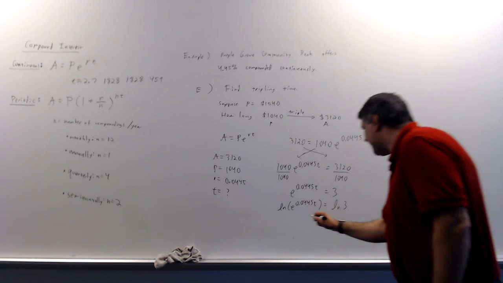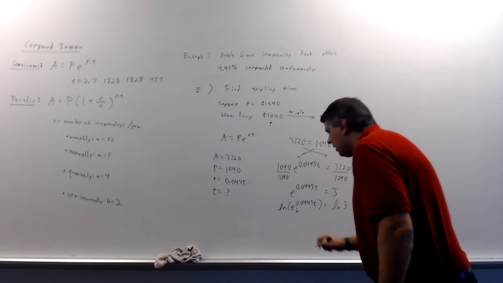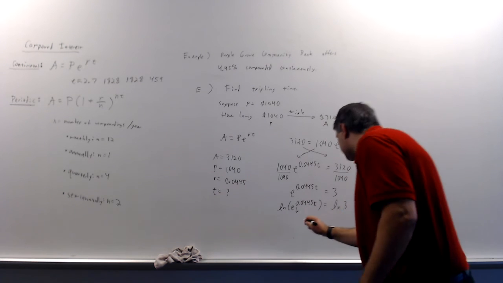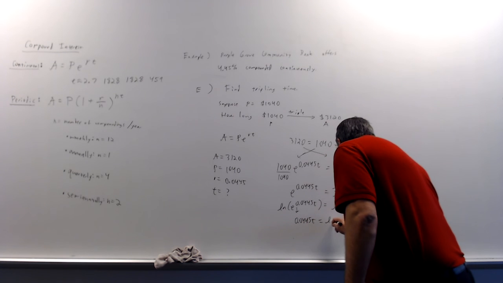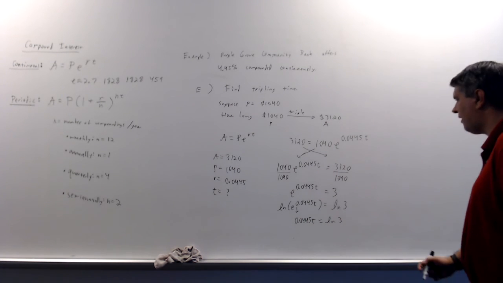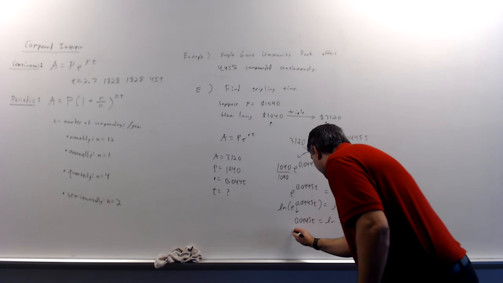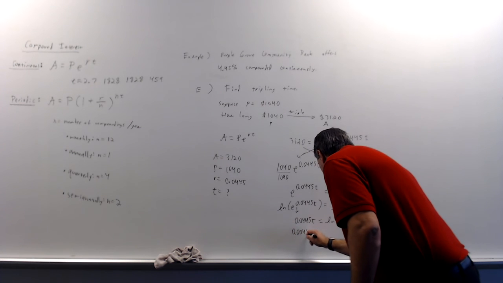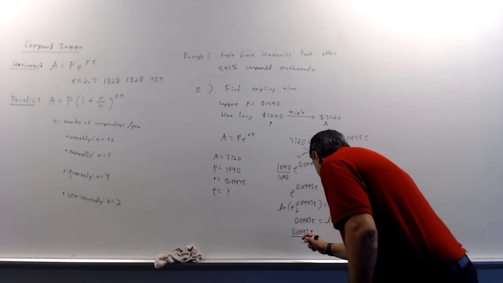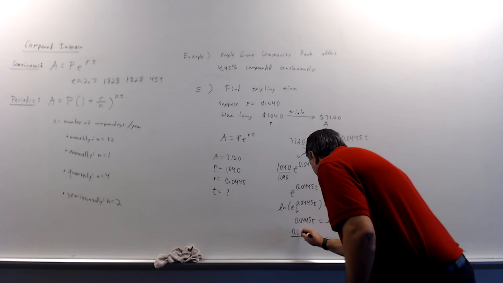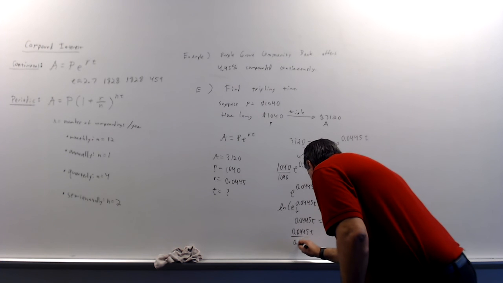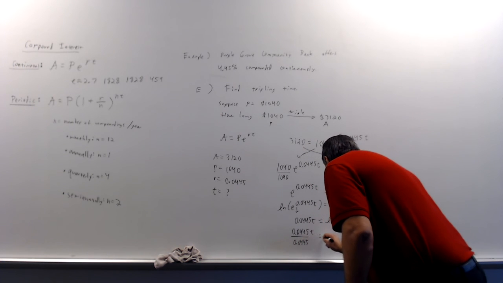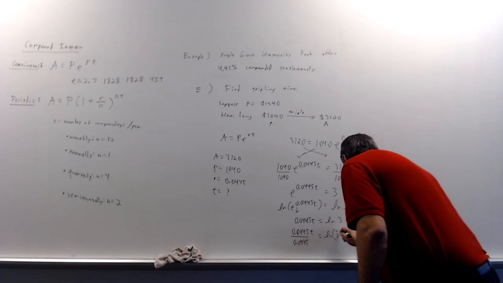That undoes the exponentiation, which just leaves me the 0.0445 t. Then I'm going to divide off that 0.0445.